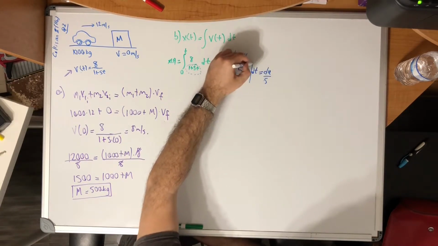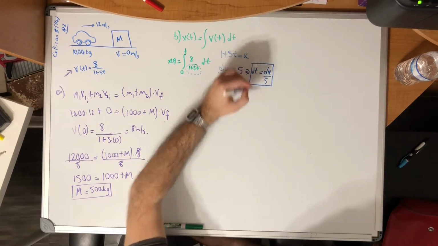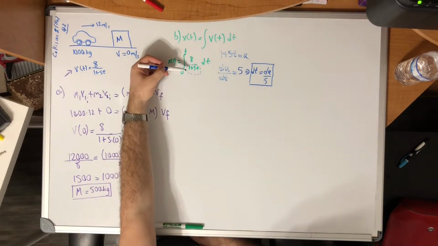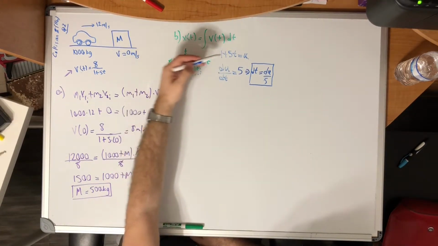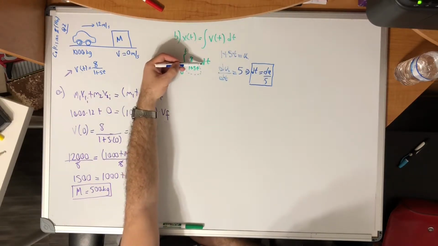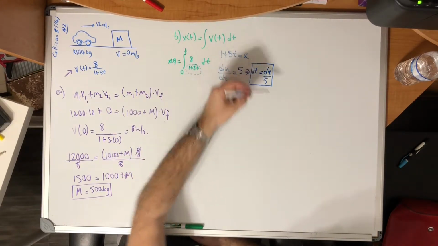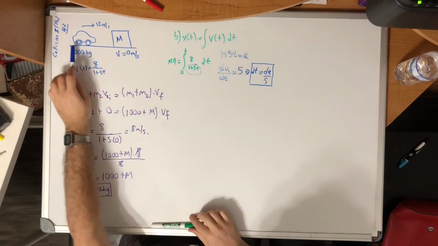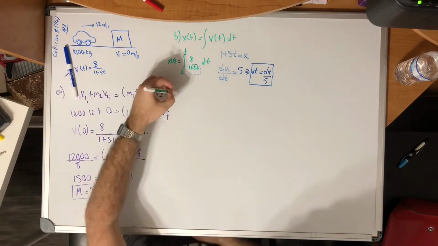So wherever you see dt, you can put du over 5. So 1 plus 5t is my u, and my dt will be du over 5. So now let's replace them and see what we have.